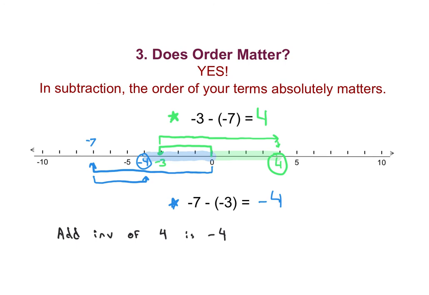So when we change the order, not only do we come up with solutions that are additive inverses or opposites, but we also come up with solutions that have the same magnitude.